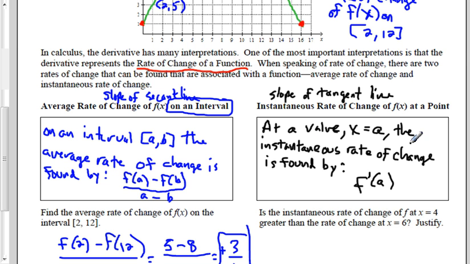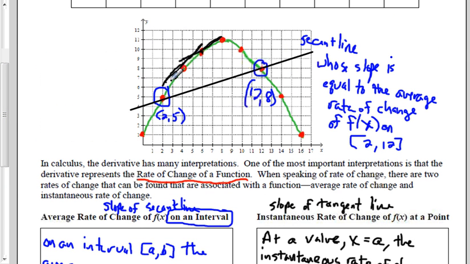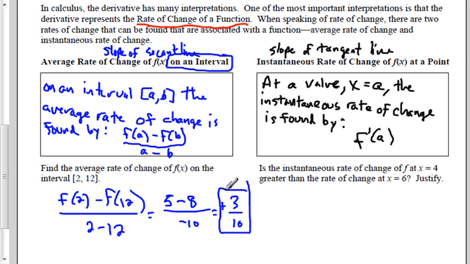At any value x equals a, the instantaneous rate of change is the slope of the tangent line. What is that equal to? That's equal to the derivative at that point. So is the instantaneous rate of change of f at x equals 4 greater than the rate of change at x equals 6? Justify. Well, what's the slope of the tangent line at x equals 4? That looks like it's greater than the slope of the tangent line at x equals 6.